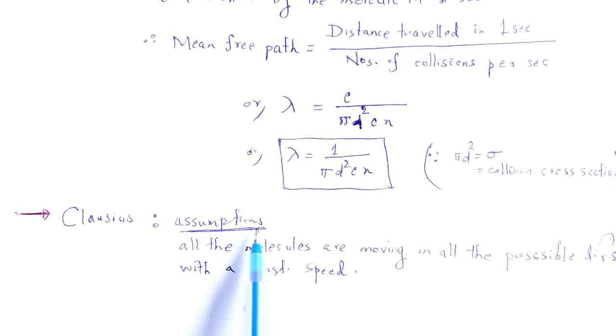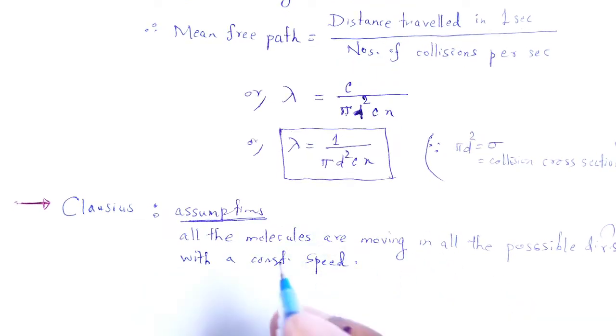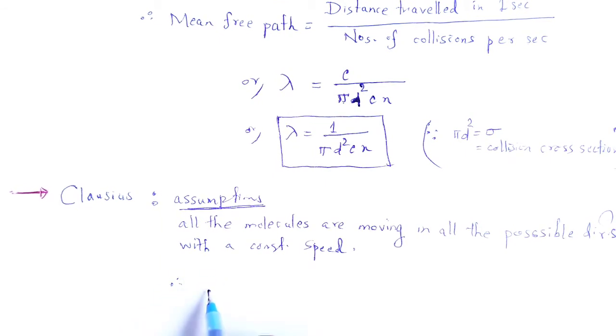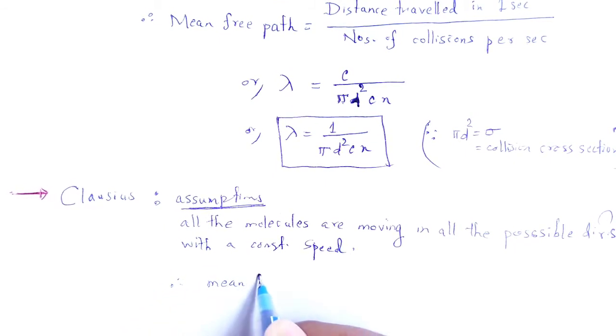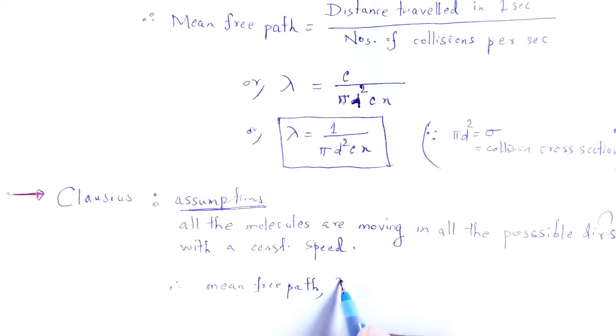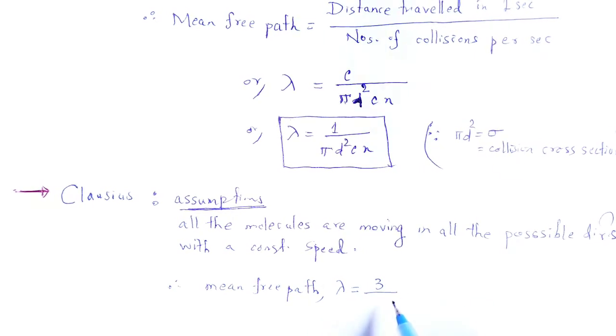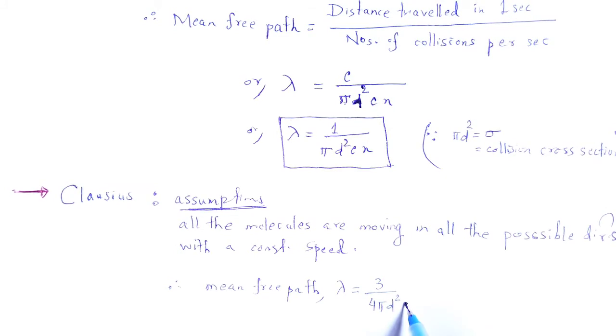According to this assumption, he derived the expression for mean free path: lambda is 3 divided by 4 pi d square n.